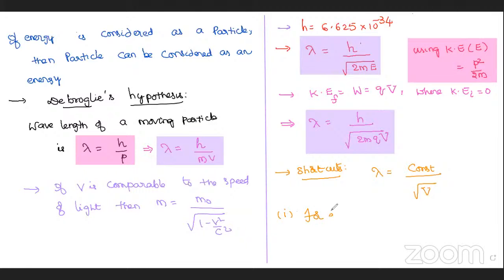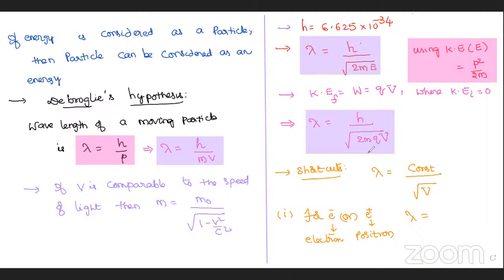First one I am asking: if the electron is accelerated through some potential difference, for electron, or its antiparticle positron, e plus. This is positron and this is electron. Both have the same quantity of charge and the same mass. So for both you will get the same lambda.